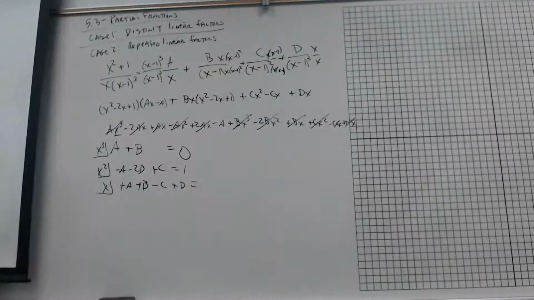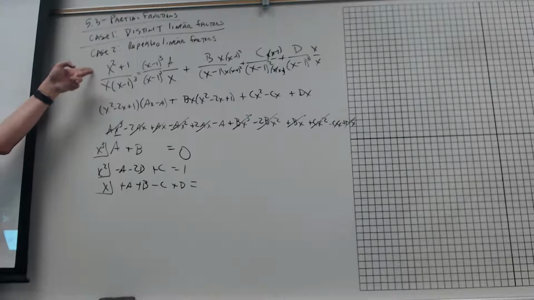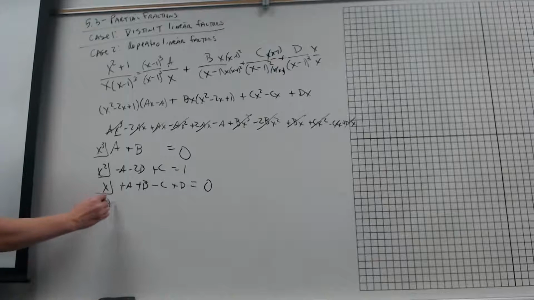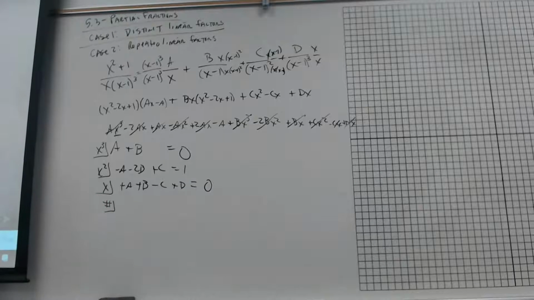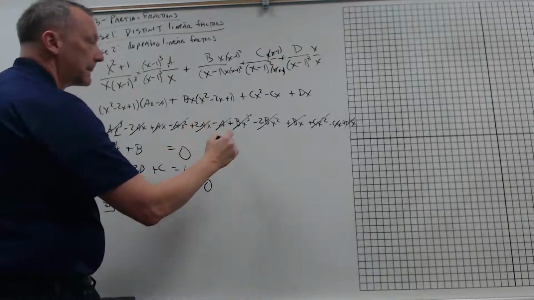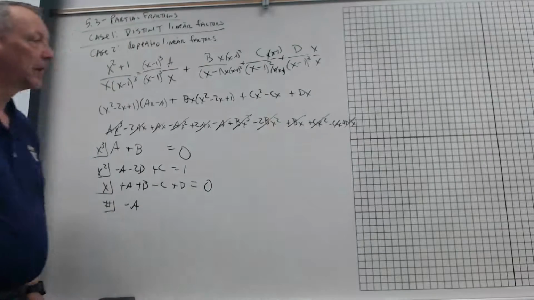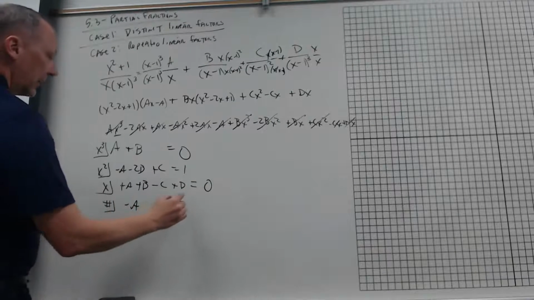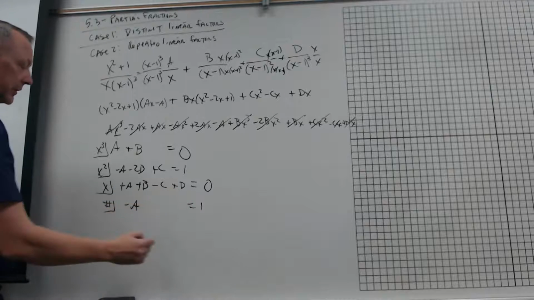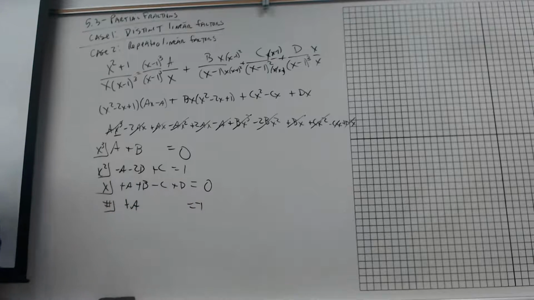What is the x term here? 0. And then I need to come up with my number term. The number term is negative a. What does that equal? 1. Negative a equals 1, so a equals negative 1, correct?